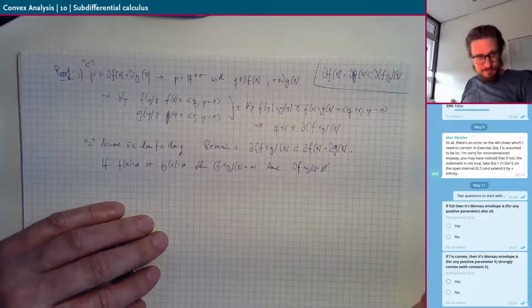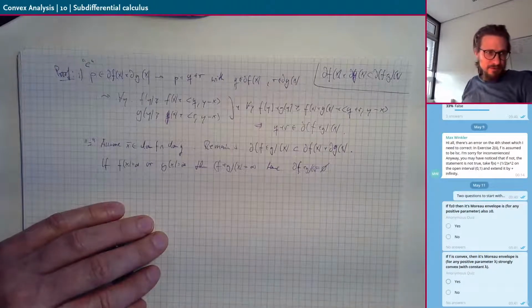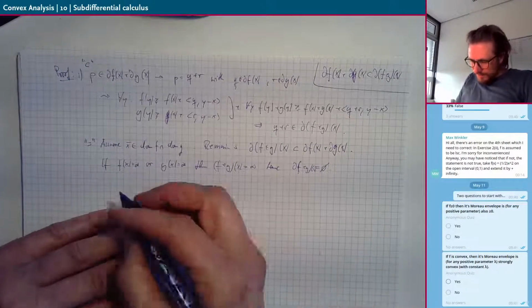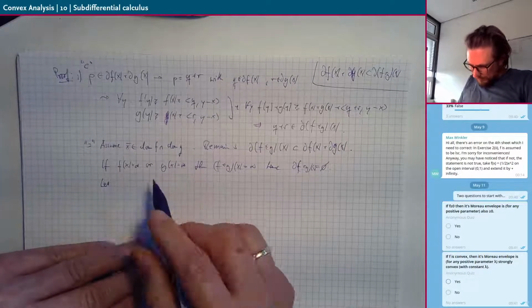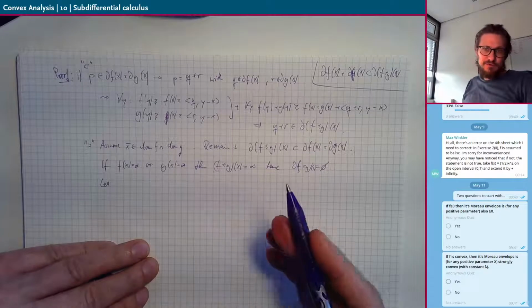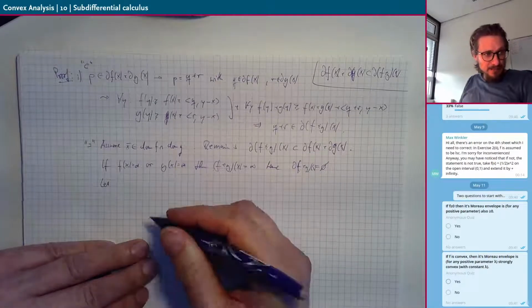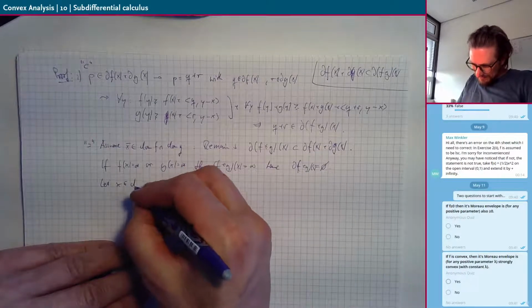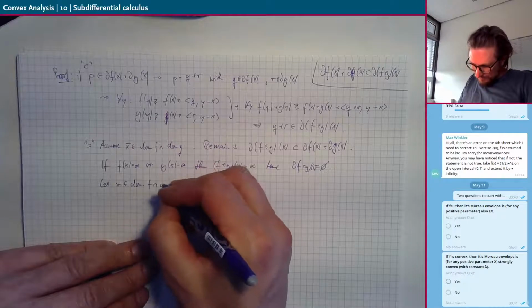Nothing is to prove. The right side is also empty, so it still holds. So we don't need to consider the case that one of them is infinity; we only need to consider the case where both are finite, which means x is in the intersection of the domains.